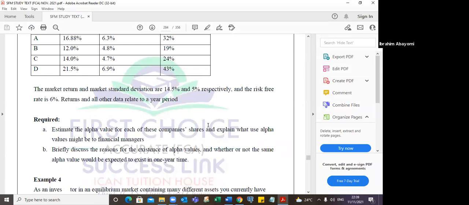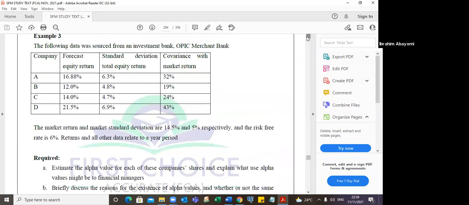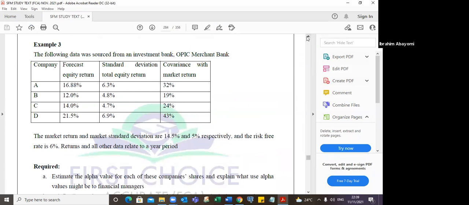So this question says we should estimate the alpha value for each of these companies' shares and explain what use alpha value might be to financial managers. So let's see. Now look at it.